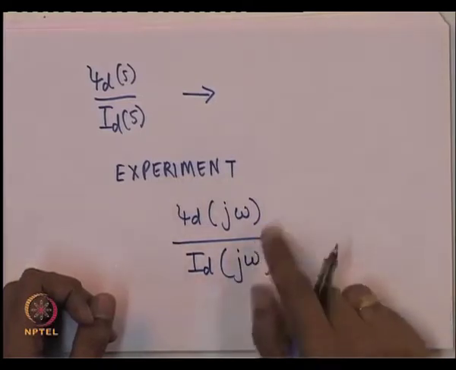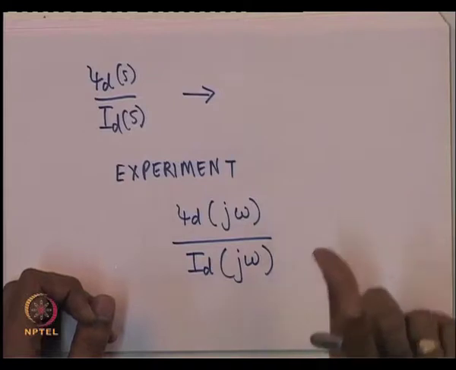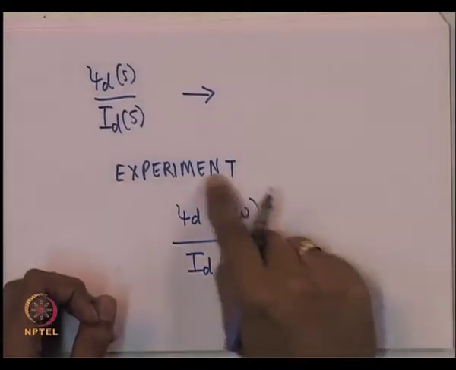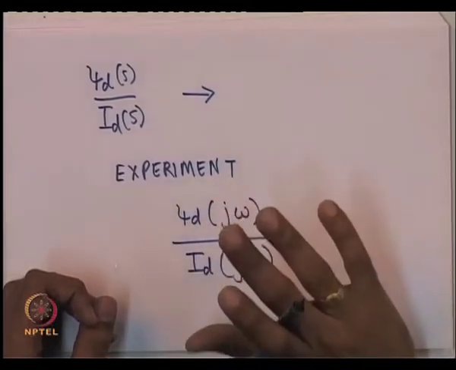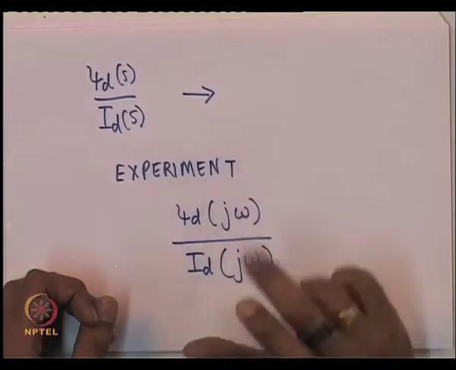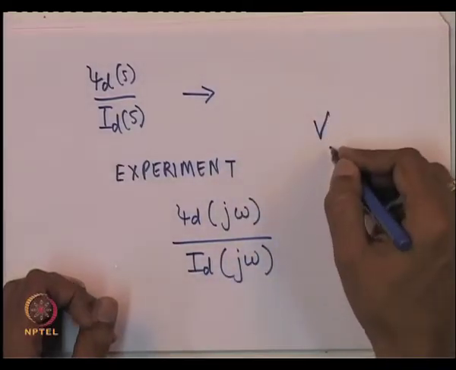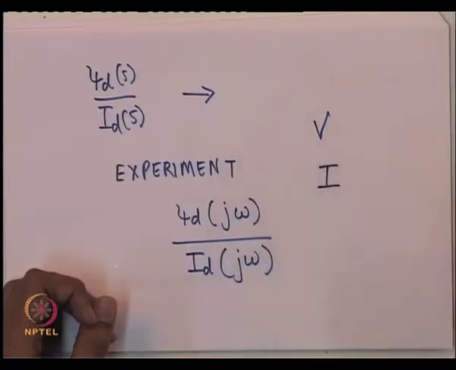This is basically a transfer function. If I apply voltages at various frequencies, as I showed some time back, I obtain this transfer function from the measurements. So, I need to measure the magnitude and phase of V, and the magnitude and phase of I for various frequencies, for the tests I described some time back.